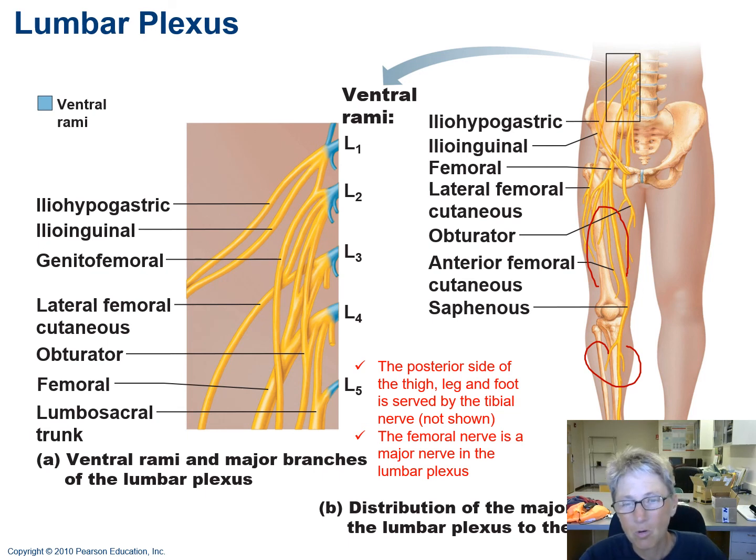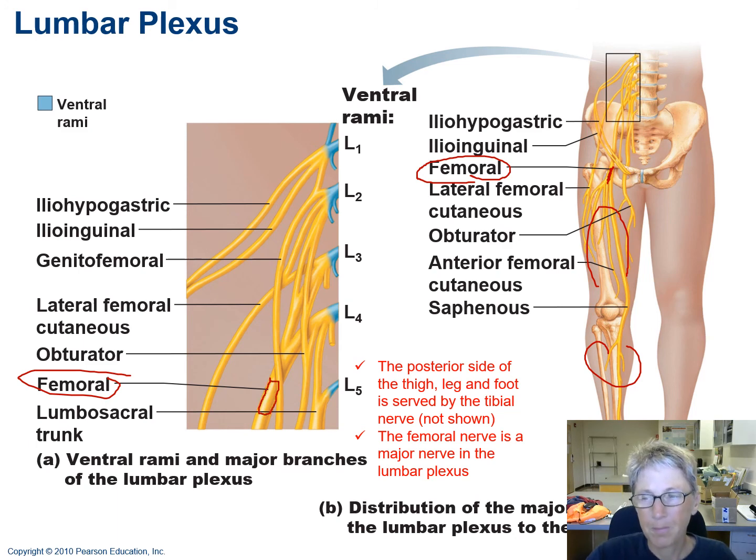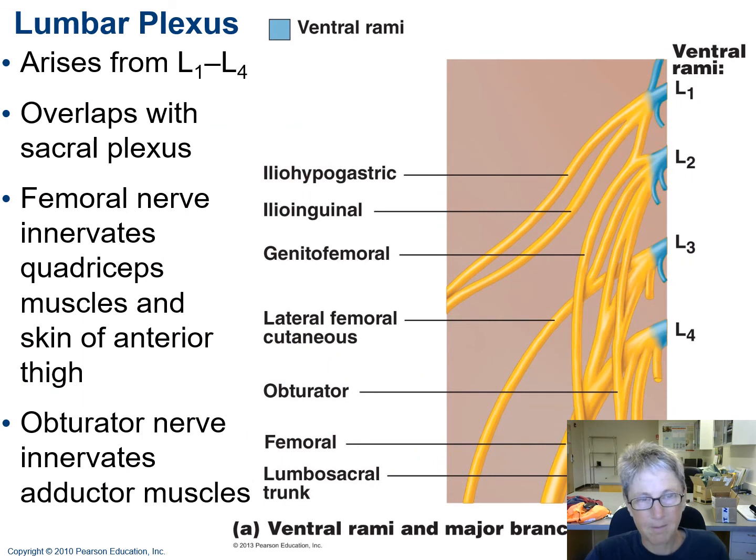And it's not shown in this cartoon because this is an anterior view, and the tibial nerve will serve the thigh, leg, and foot posteriorly. And then the femoral nerve here is one of the major nerves in the lumbar plexus. And it's over here too, the femoral nerve. You can see how thick that is, major nerve of the lumbar plexus.